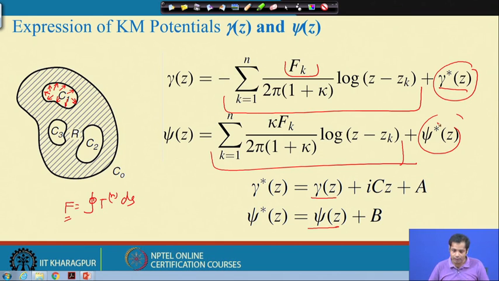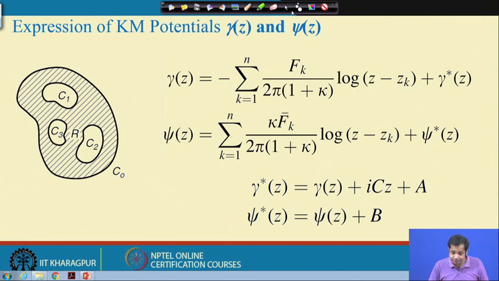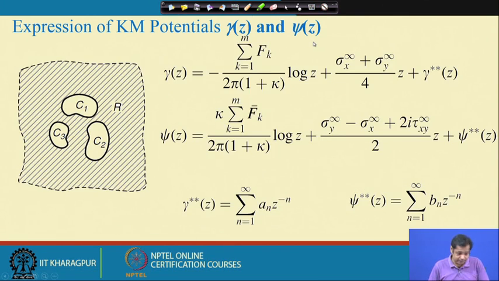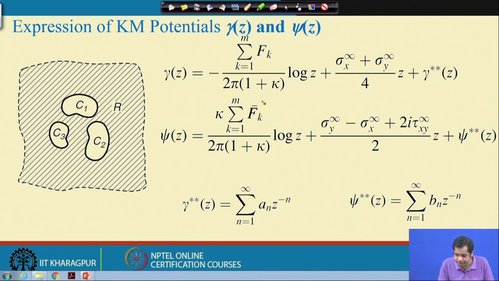Okay. Now, if the domain is infinite, this one now is a very general expression, the infinite domain, and also you have a multiply connected domain. So, this part remains the same as the previous one.